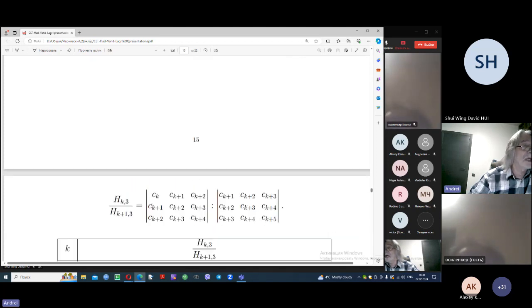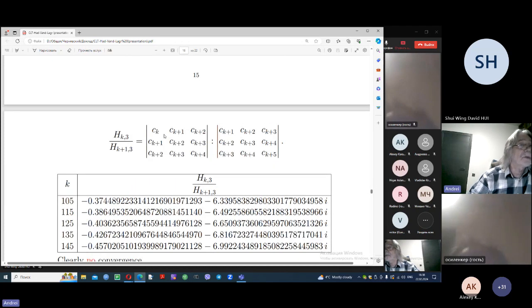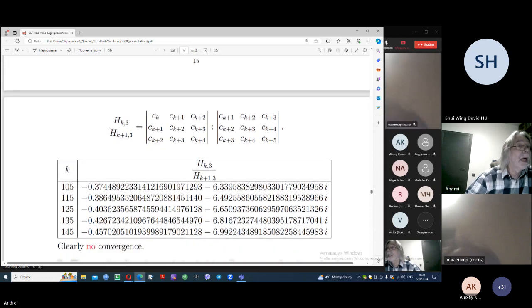Again, starting to calculate the third root, after our ordering in modulus, we calculate the corresponding ratio, and what do we see?